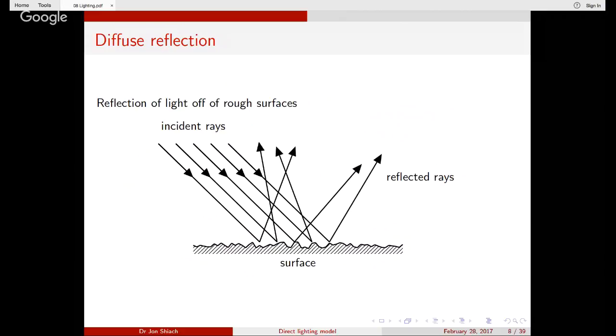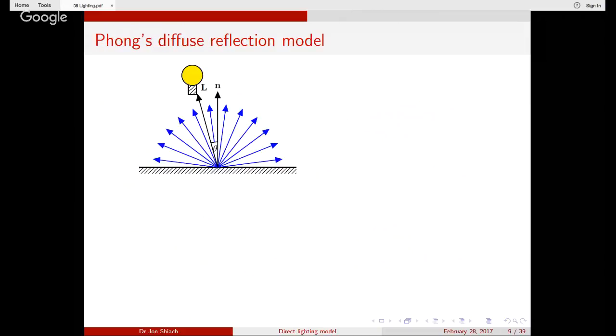As these rays of light hit the surface, they'll be scattered in all sorts of directions. That's our diffuse reflection, and we need a mathematical model of this phenomenon. What Phong decided on is that the amount of light reflected using diffuse reflection is based upon the angle.